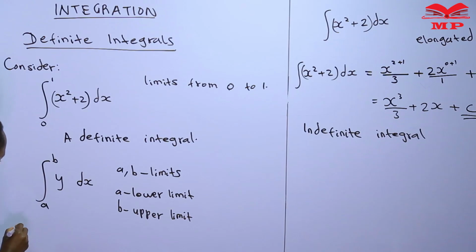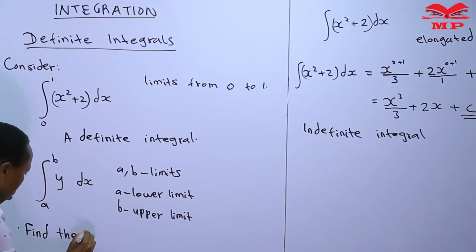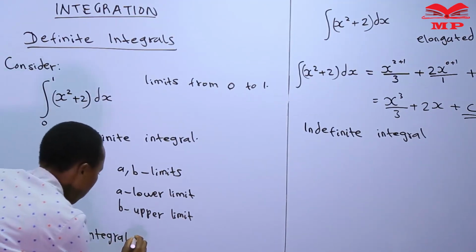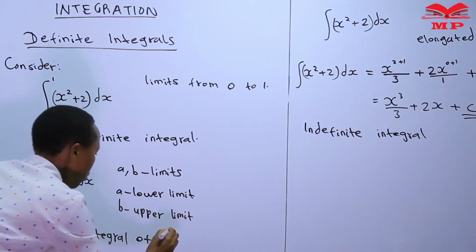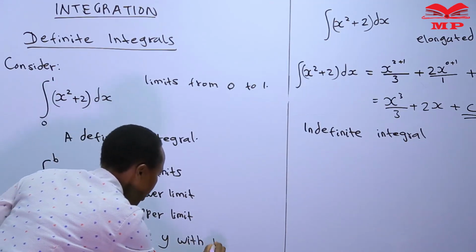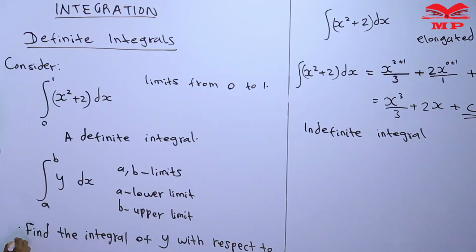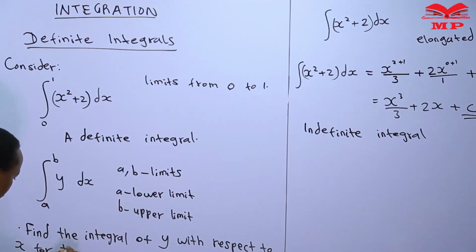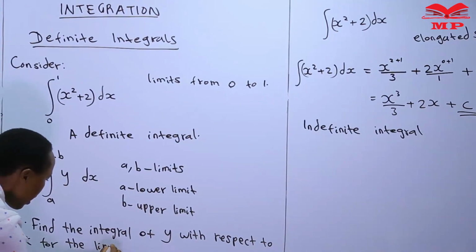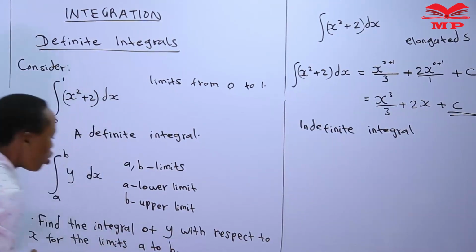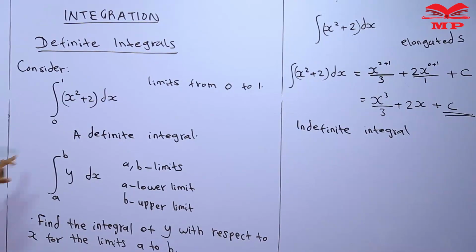So in this one, we are supposed to find the integral of y with respect to x for the limits A to B. So that's what the question is asking when we are given such.